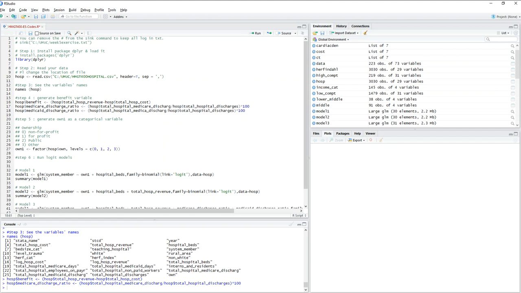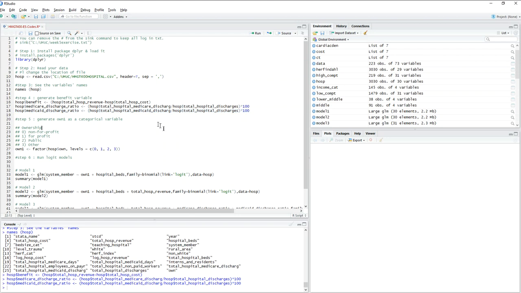Make sure to fix this in your codes, otherwise in the Medicaid we're going to have two similar variables and the model is going to remove one of them. So make sure to fix this. It should be Medicaid here. This is Medicaid here, this is Medicare here, and this is Medicaid here.